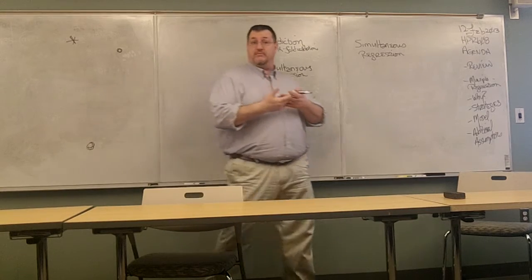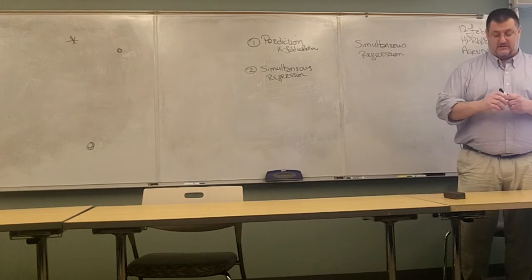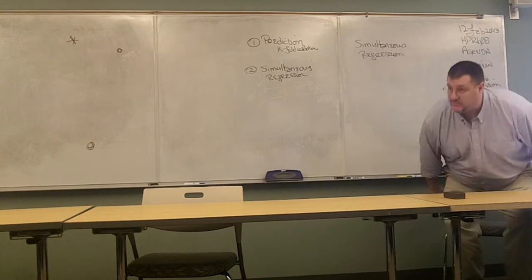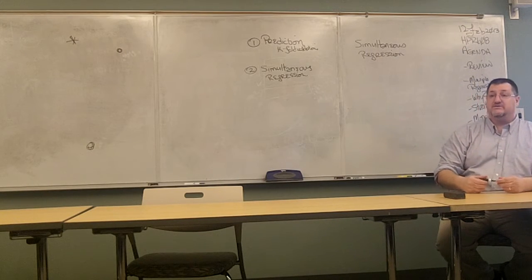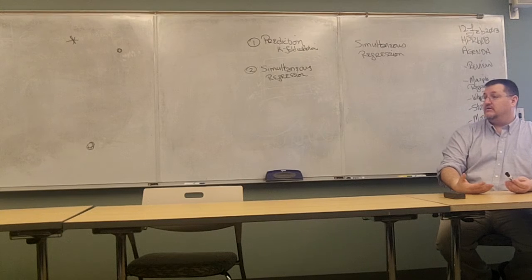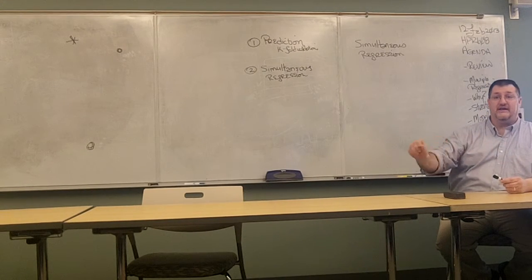Then we have a problem, because there's an assumption in multiple regression that our variables will not be correlated with each other. So there's a new assumption that we have to talk about: there is no multicollinearity.